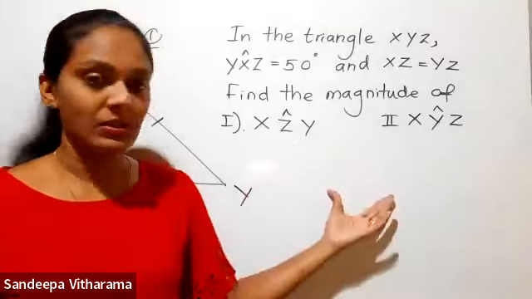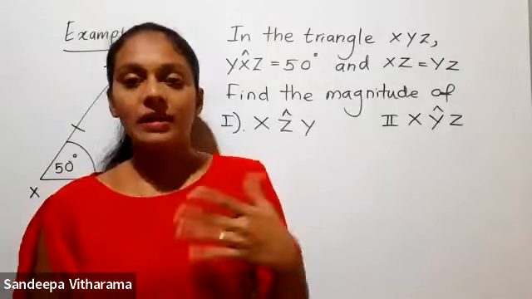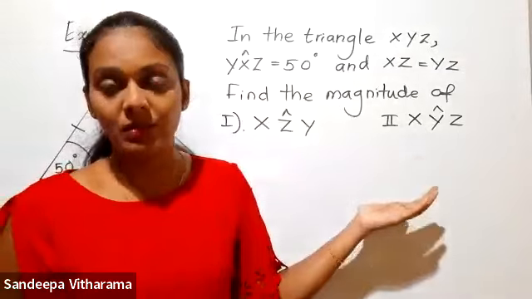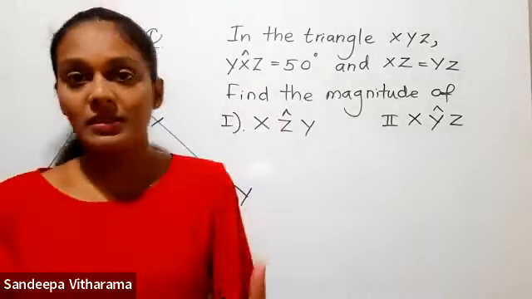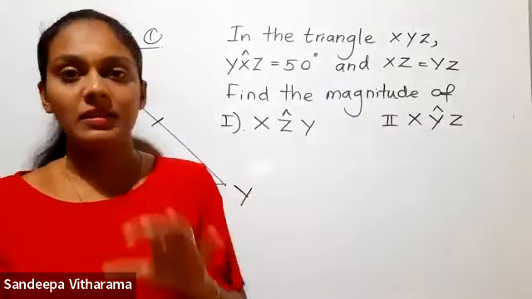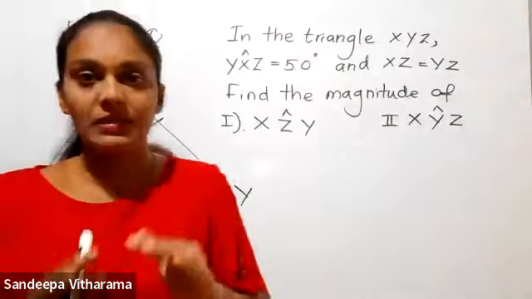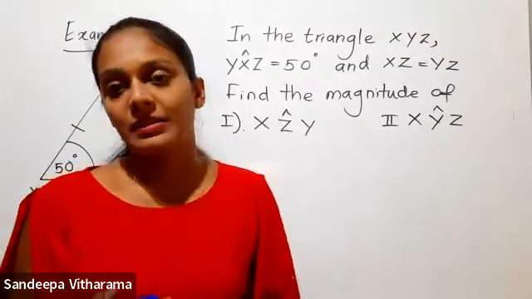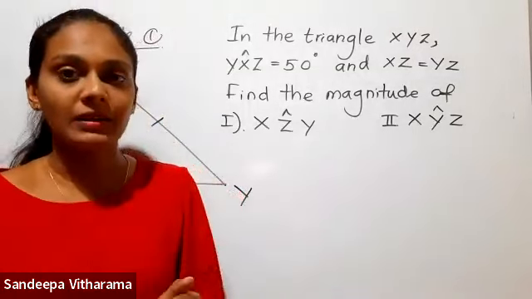Another situation is where the information is given in the question only and we have to include it in the diagram. And there's another situation where the information is given in the diagram only and the question asks us to find some angle or the length of a side. Anyway, you have to identify the question.